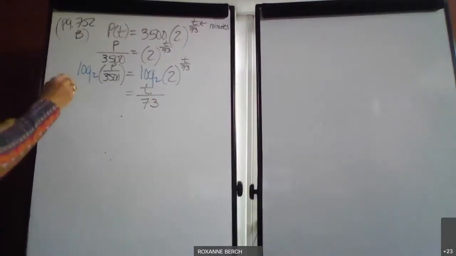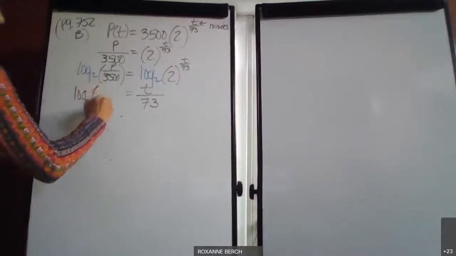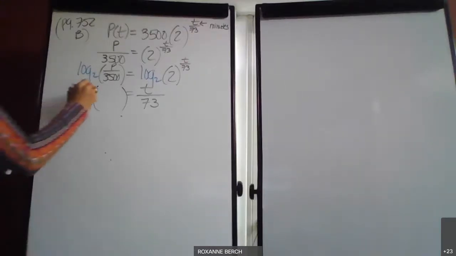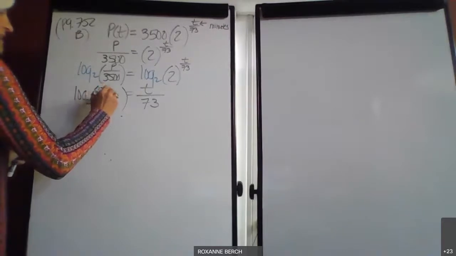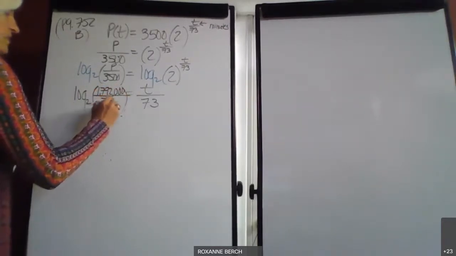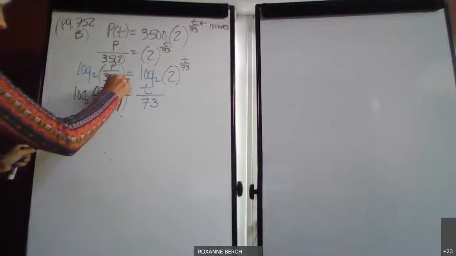Over here, we still have a logarithm, and we're going to put in P now, which is a really big number. It's 1,792,000. So 1,792,000 divided by 3,500. We can simplify that, and those trailing zeros are going to cancel.